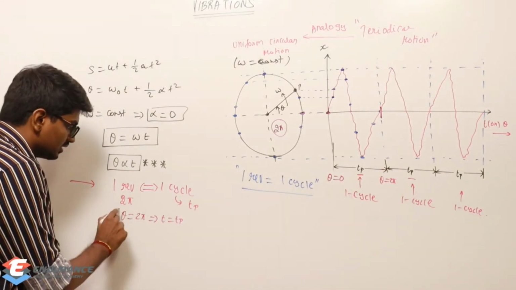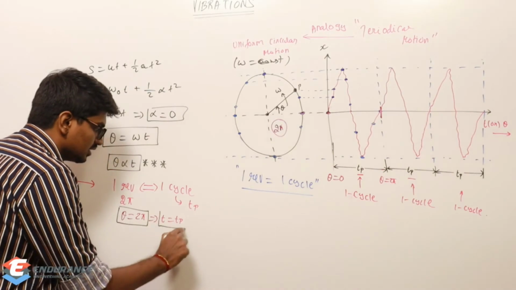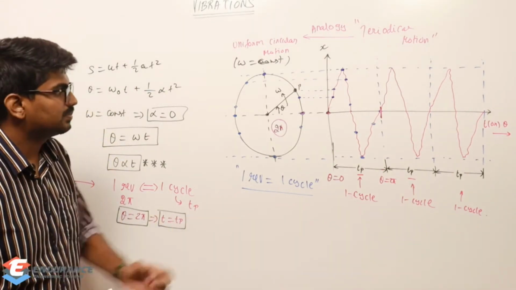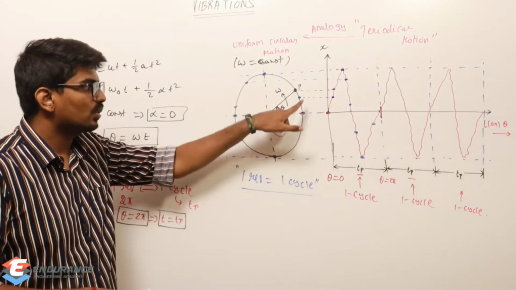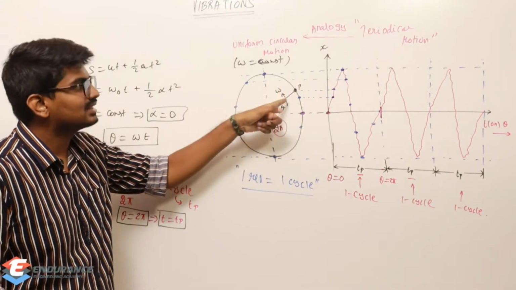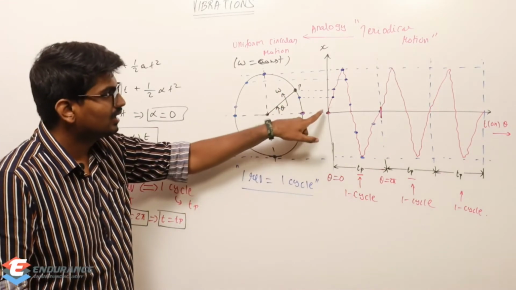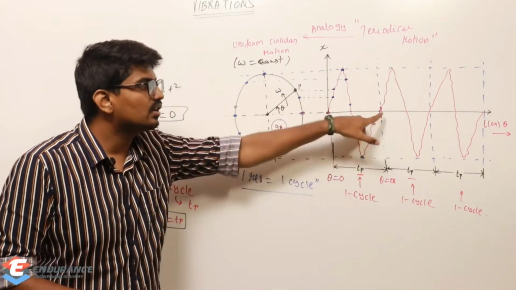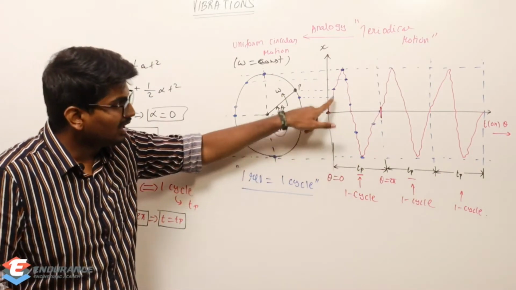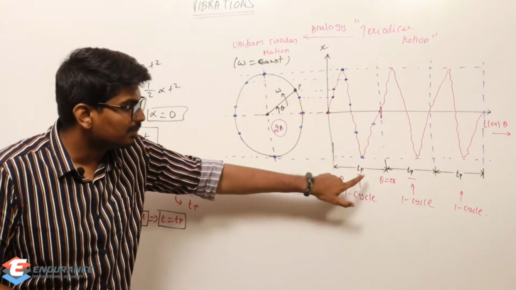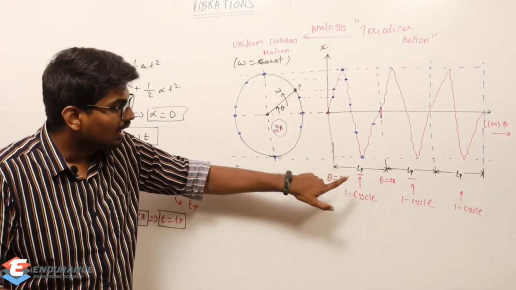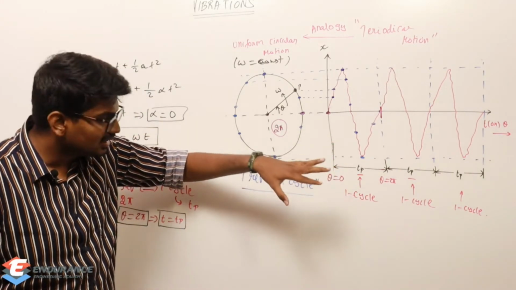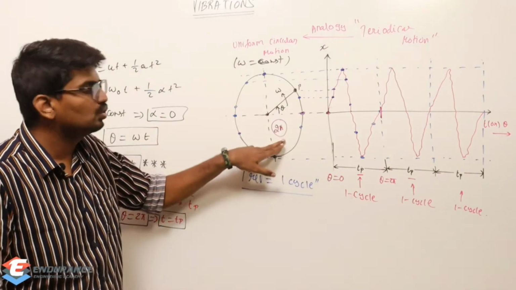Let me repeat it. This particle is covering 1 revolution in the same time when 1 cycle of this periodical motion has happened. So 1 cycle of this periodical motion has happened in a time period Tp, and my theta was 2 pi radian.